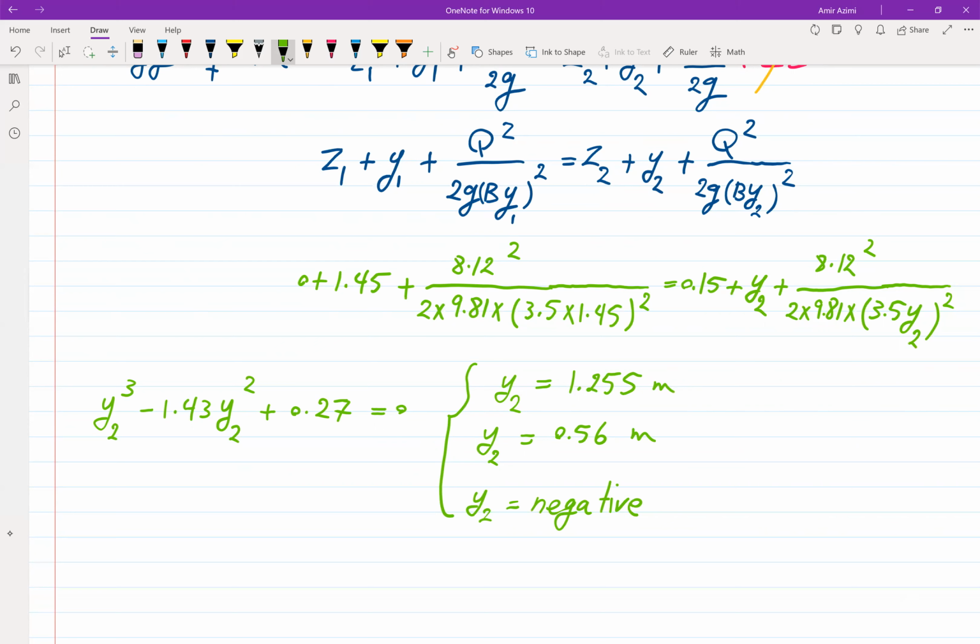So we always discard the negative answer, and we always have 2 positive answers. One is larger compared to the other one. So the larger depth is always called the subcritical answer. And then the shorter depth, the shallower depth is supercritical.